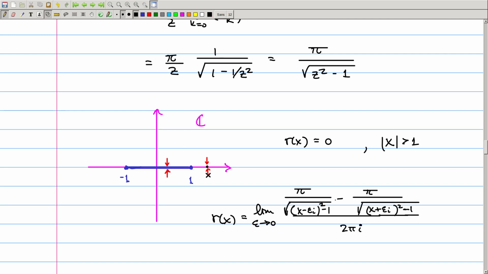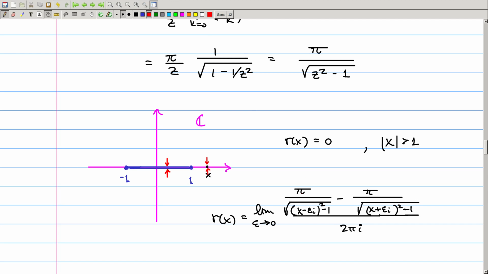So in order to recover r, we can take the limit using that equation above as epsilon goes to 0 of pi divided by the square root of (x minus epsilon times i) squared minus 1, minus pi divided by the square root of (x plus epsilon times i) squared minus 1, all divided by 2 pi i.